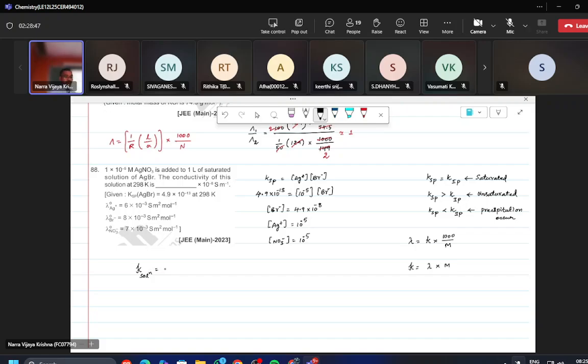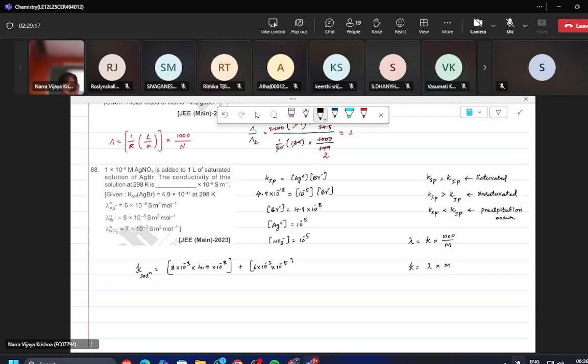Br minus value: 8 into 10 power minus 3 into 4.9 into 10 power minus 8. Ag plus value: 6 into 10 power minus 3 into 10 power minus 5.